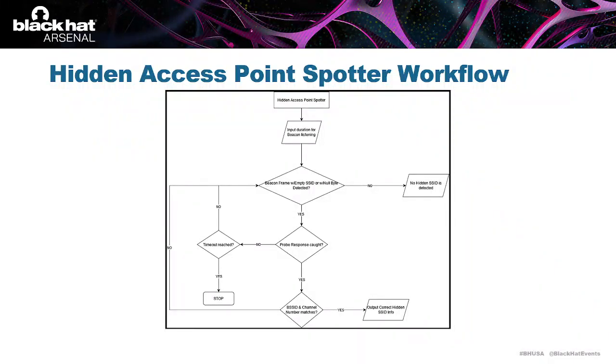What I mean by that is, when you are dealing with a hidden access point, the beacon frames that are being broadcasted from that access point will have two different options. One of the options is that the SSID field is empty on the beacon frame, or it will have null bytes for each character that is on the SSID field.